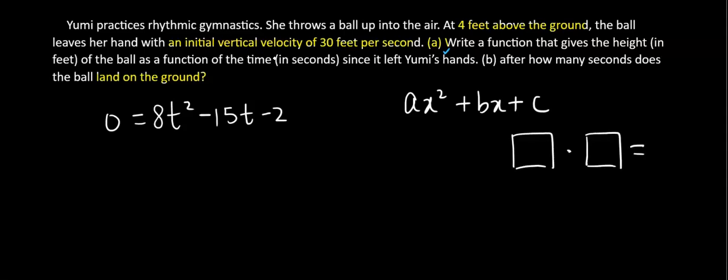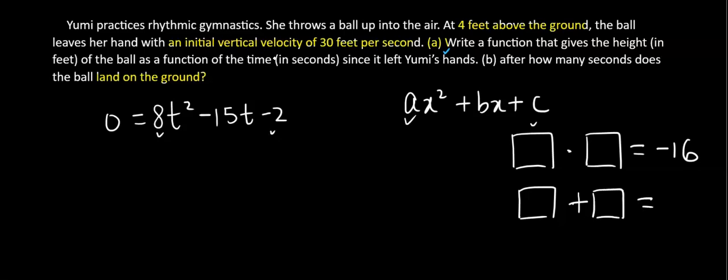When we multiply them, the product is ac. In this case, a times c is -16. The same set of two numbers, if we add them, the sum will be b. In this case, b is -15. Pause this video, see what you can find.